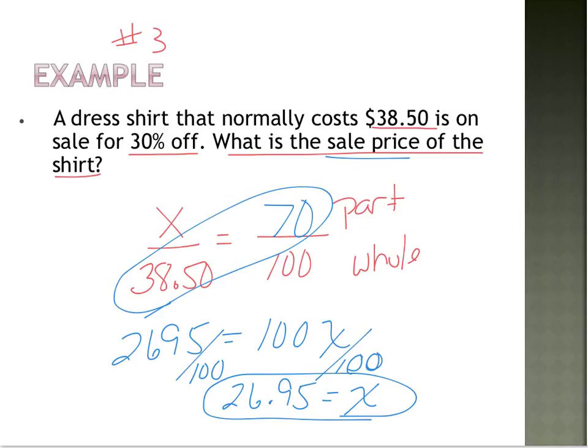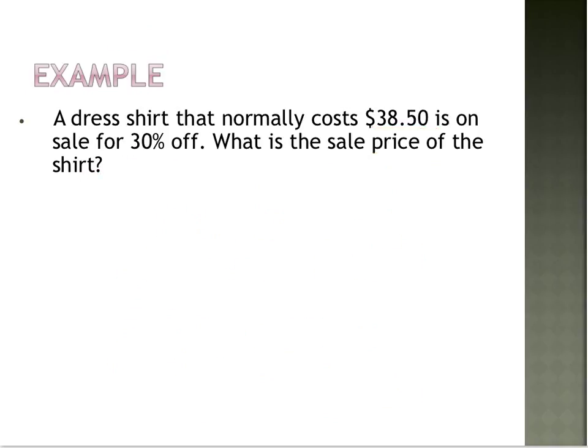Now we could have done this problem by solving for the 30%. And once we did that, well, let's take a moment and see what happens. We're going to find the sale price, but first we're going to find the 30% off of the $38.50.